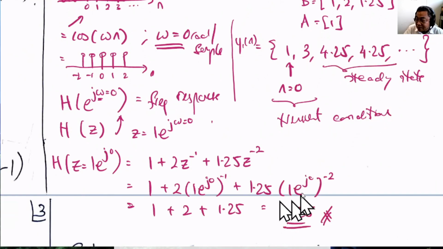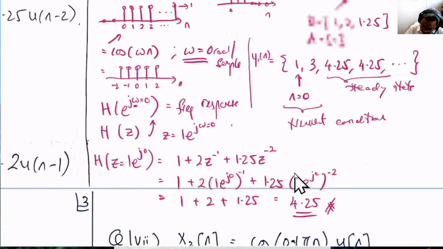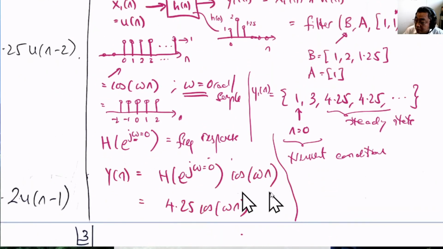So you realize that this 4.25 looks like the 4.25 we got before. In fact, it is. What the frequency response does is that, to get the output, you substitute H(e^jω) at the particular frequency that you want. In this case, omega equals 0, for a cosine with omega equals 0, and then you expand this H(e^jω) to get the magnitude and the phase.